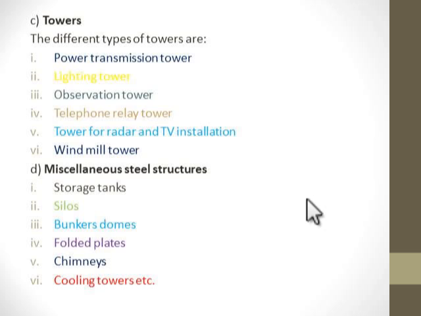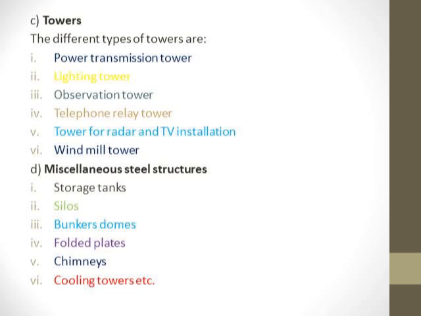Various types of towers are listed here: power transmission tower, lighting tower, observation tower, telephone relay tower, tower for radar and TV installation, and windmill tower. So these are the different types of towers used for different specifications depending upon the requirements and the need. So these are the towers.